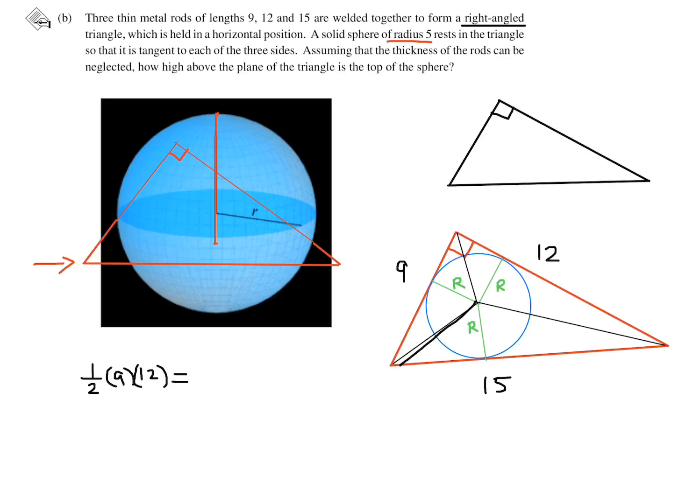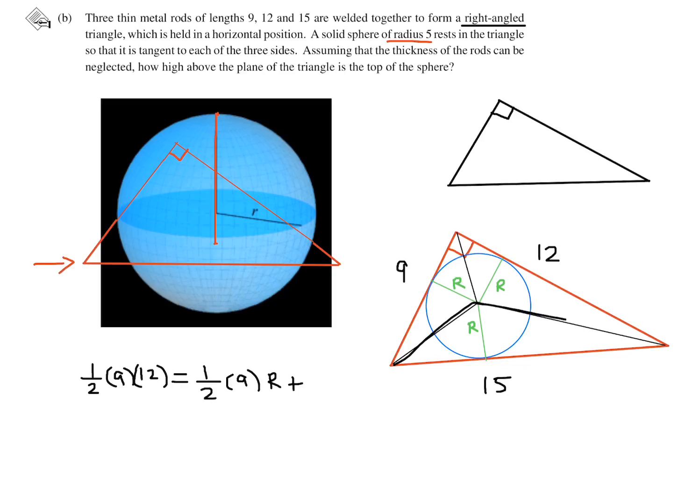If you add up those 3 triangles, it should be the same. And we can do that because we have the height of all of those. So for example, for the first one, which is right here, it's basically 1/2 base times height. The base is 9 and the height is r, correct?